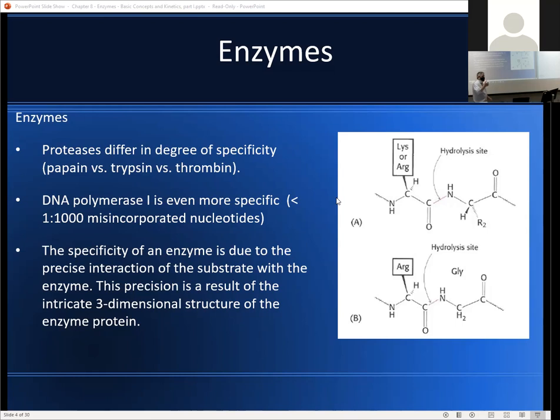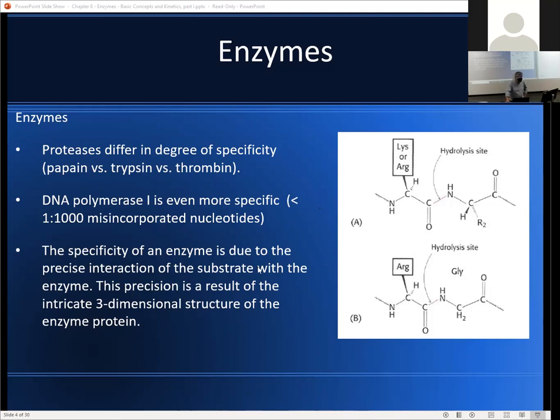So DNA polymerases need to be very specific. Only about 1 in 1,000 nucleotides is misincorporated. It has to be very specific, or else that could possibly lead to mutations that could be deleterious or even lethal.